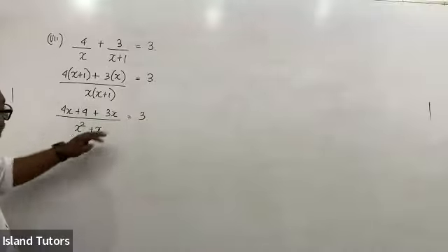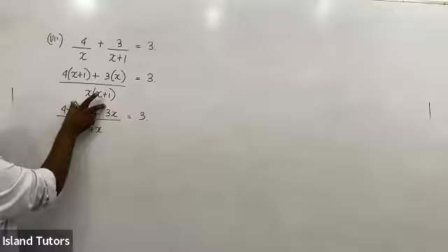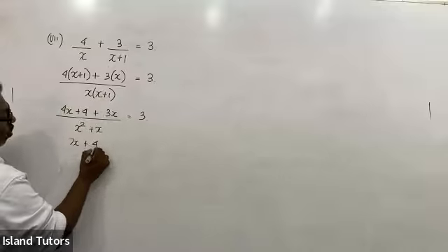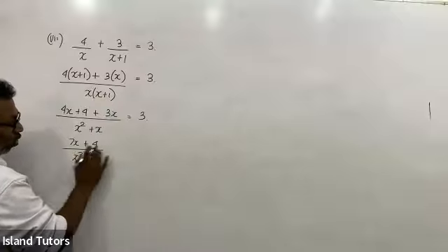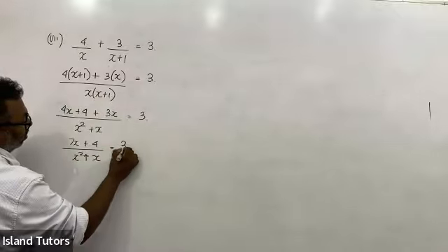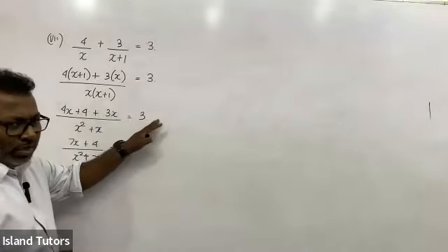Simplify the numerator, 4x and 3x. Like terms, you can add. So 7x plus 4 over x squared plus x is equal to 3.